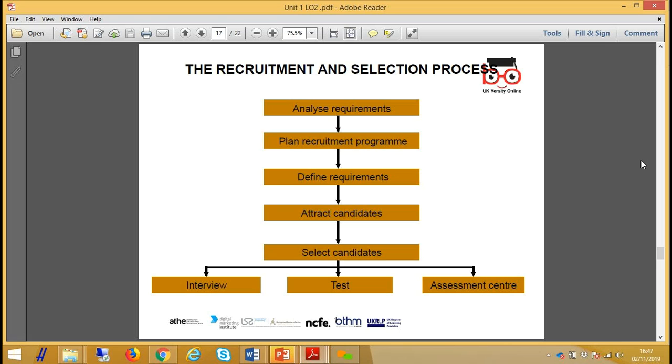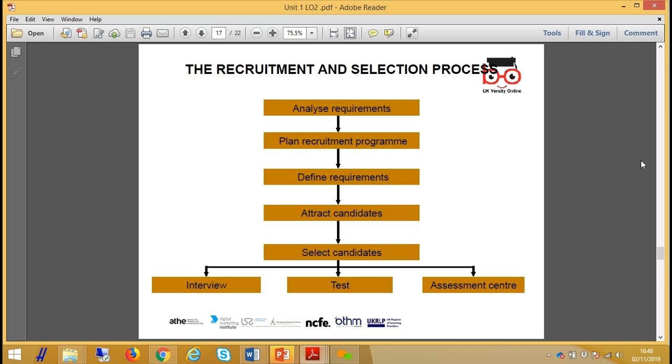Then you actually go to the attraction or recruitment stage where you advertise using multiple channels, internet advert, website advert, advertising in magazines, newspapers, even on the buses, depending on the type of job. Place adverts on billboards, wherever. You can go to universities and so on to career fairs to advertise. And then selection is where you now screen candidates, filter them for the best candidates.